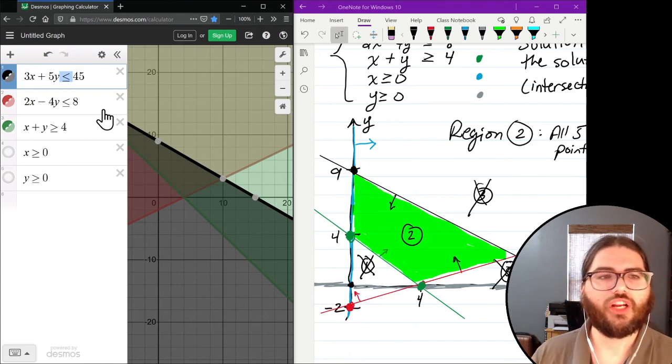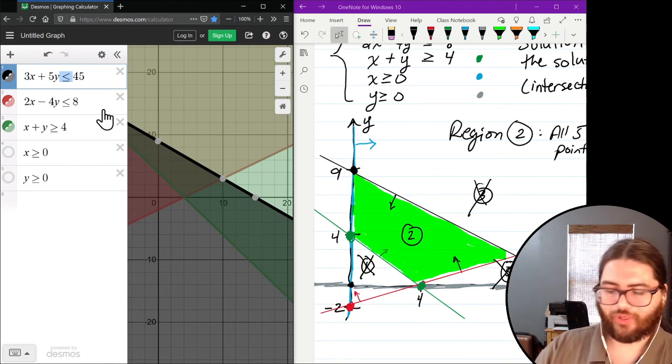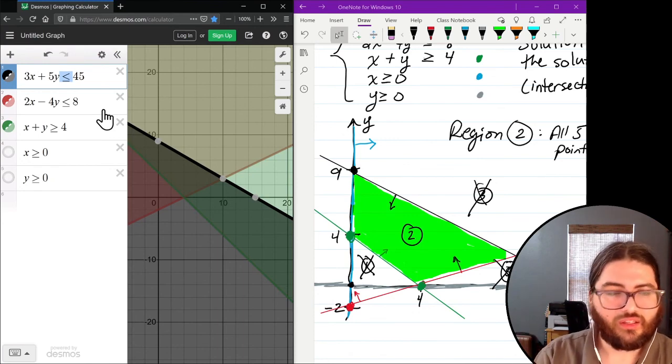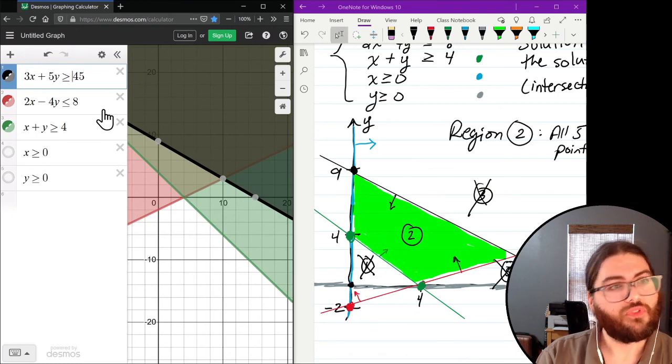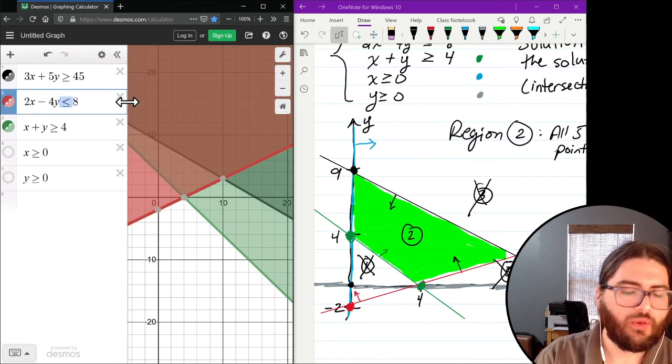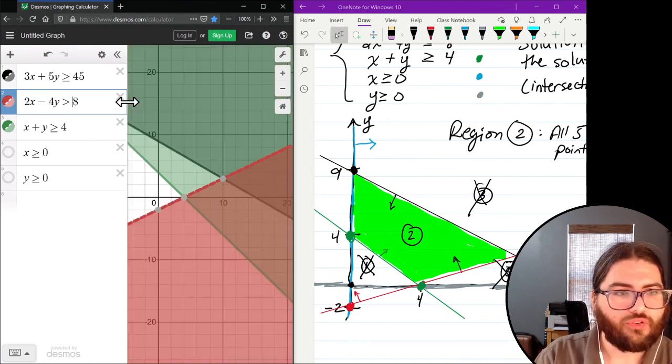Here's how I shade what I don't want. Remember when the picture, I shade 1/2 is the greater than, 1/2 is the less than? I want the less than, so let me shade the greater than. That's me shading what I don't want. On line number 2, I want the less than, so let me shade the greater than.